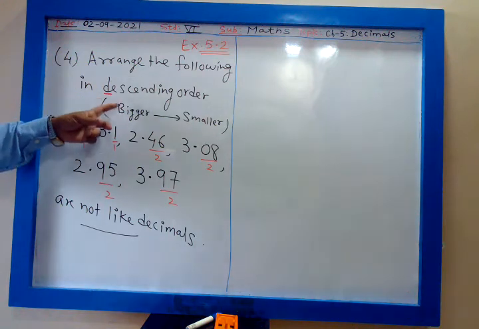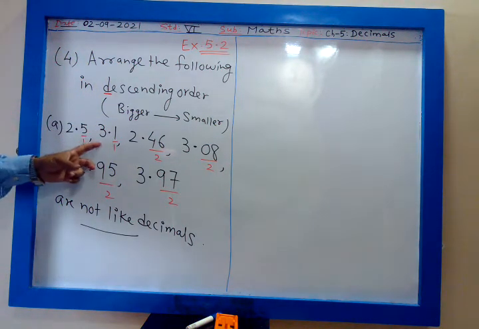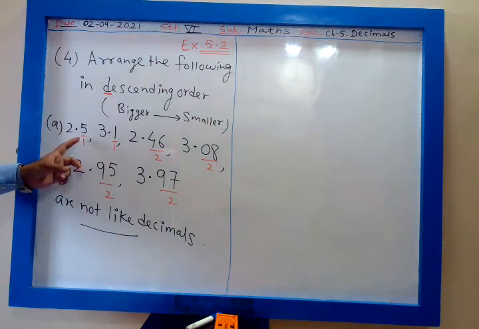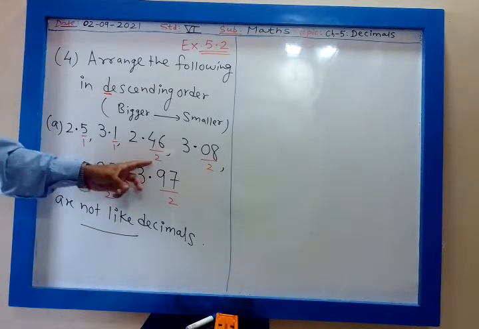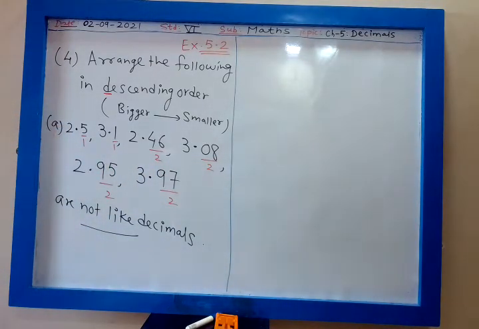Arrange the following in descending order. Descending order means bigger to smaller. So you are given these decimals. You count the number of decimal places: 1, 1, 2, 2, 2, 2. They are not like decimals. So first you convert them into like decimals.